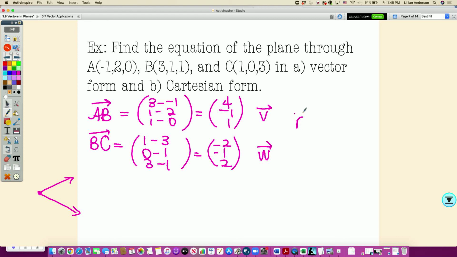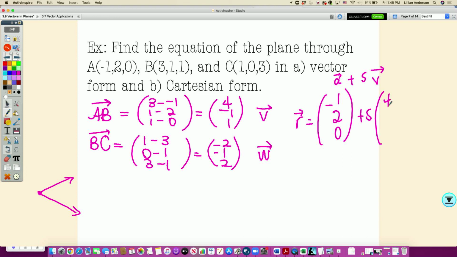So we're going to have vector R equals vector A, which is our fixed point, (-1, 2, 0), plus S times a vector, which is (4, -1, 1). Then we need a second parameter and another non-parallel vector, W, so plus T times (-2, -1, 2). And that's how we do the vector form for the equation of a plane.